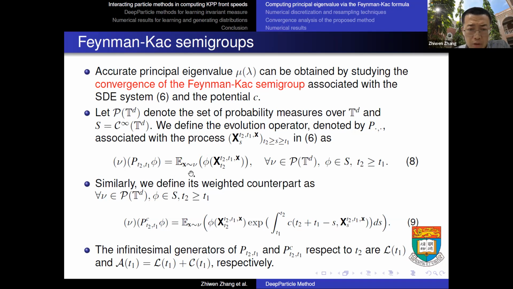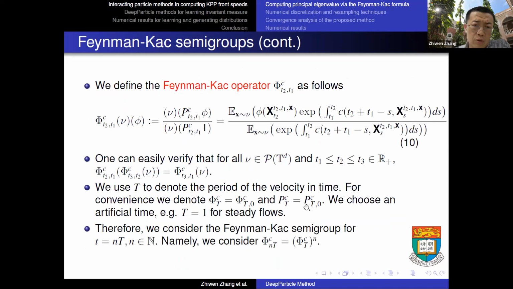We also define the weighted counterpart here, where small c is the potential. One can easily verify equations 8 and 9: the generators of these two operators are L and capital A, respectively. Equipped with these definitions, we can define the Feynman-Kac operator. You can view this as a power method, so you evolve the density.